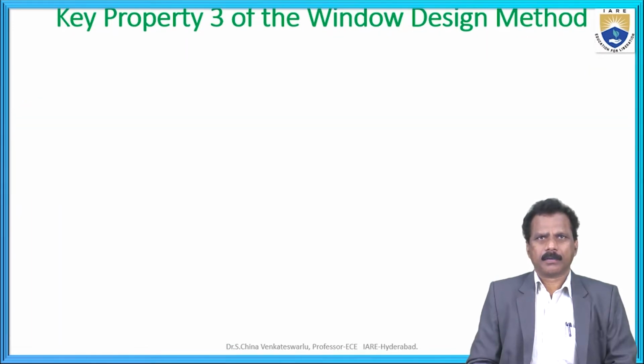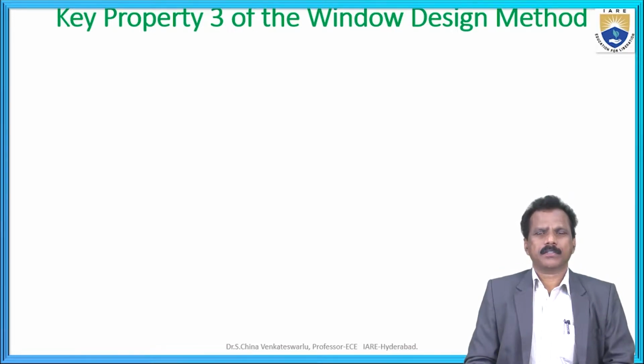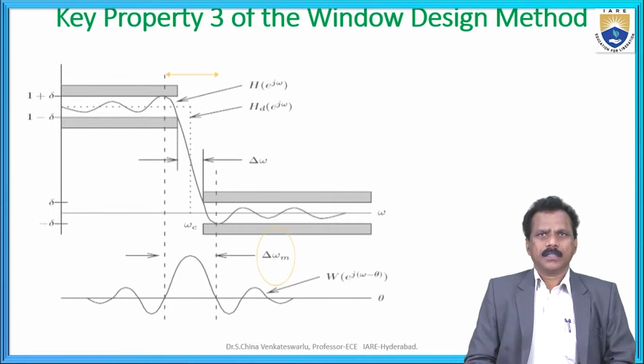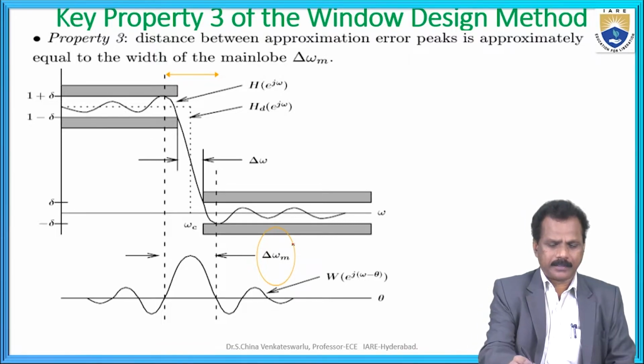Next, coming to key property 3 of the window design method: the distance between the approximation error peaks is approximately equal to the width of the main lobe, delta omega m. Like this it is specified here.